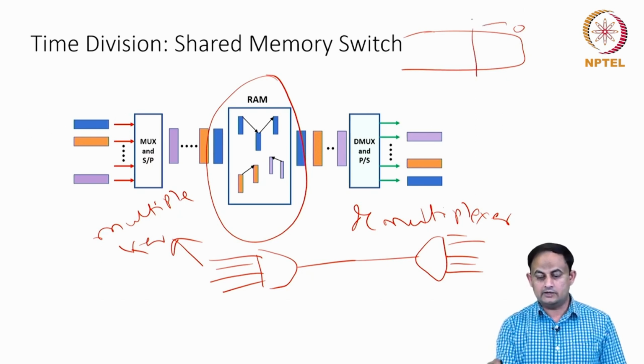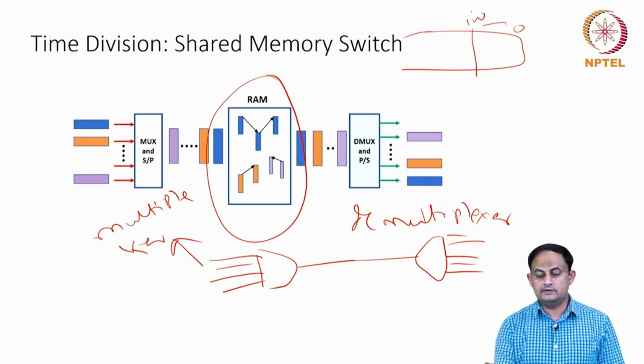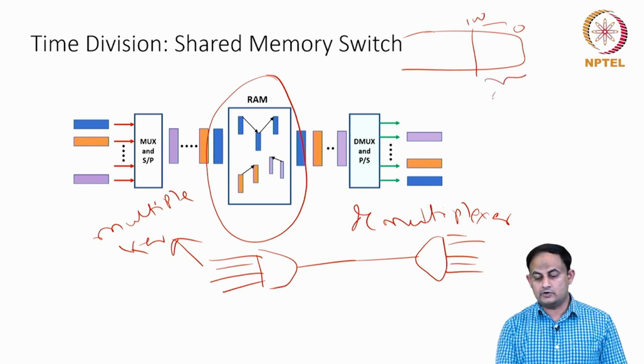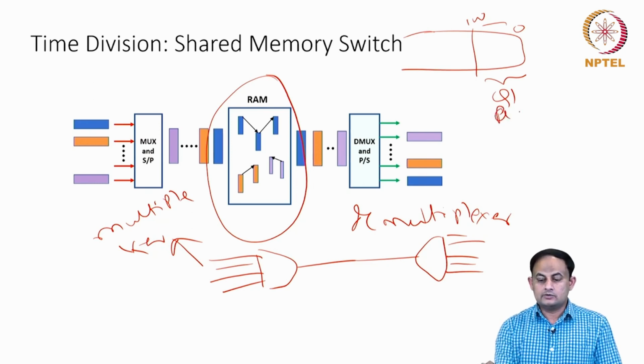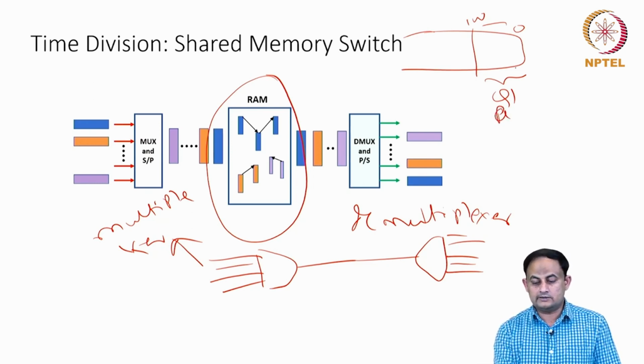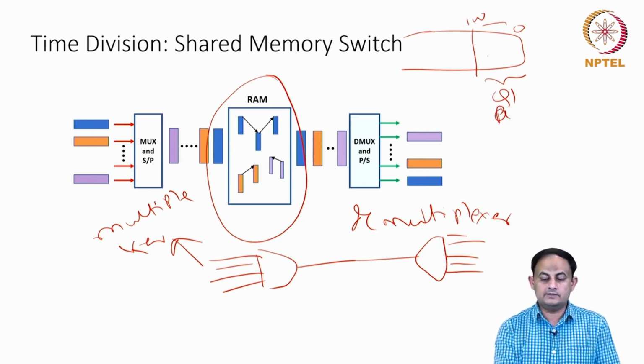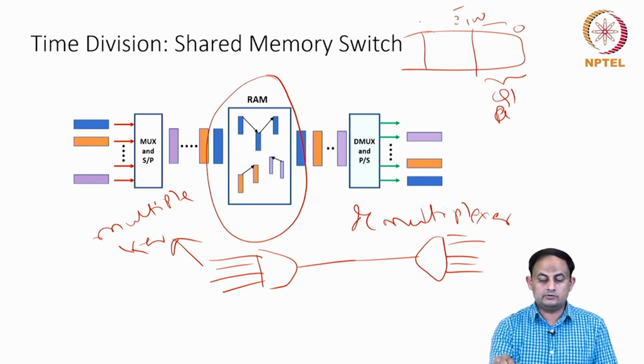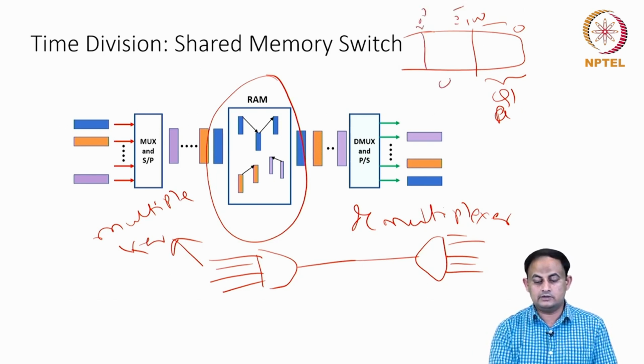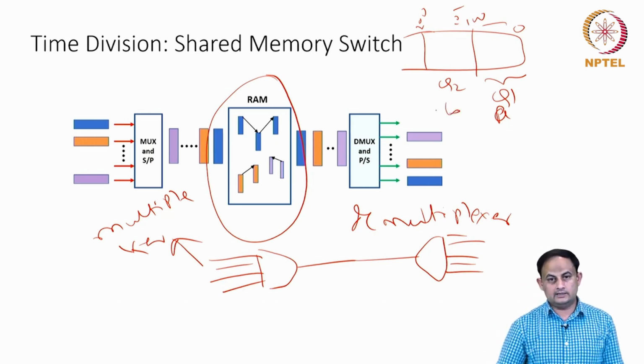From 0 to 100 bytes, this is the queue corresponding to port number 1, maybe that port number is A. So Q1 is a logical entity within this address space, and from address 101 to somewhere around 200, this is Q2 corresponding to another output port, number B.